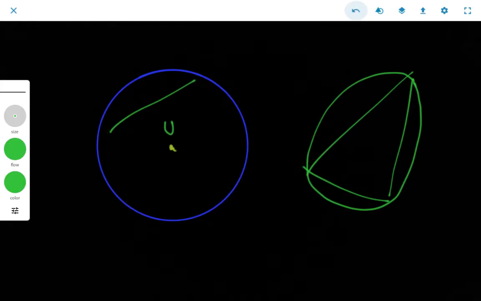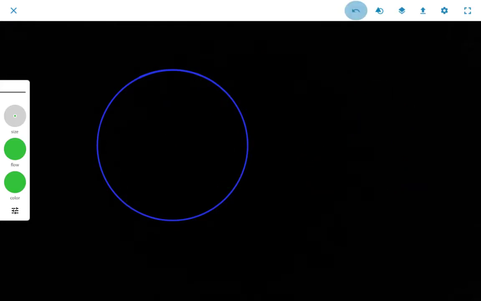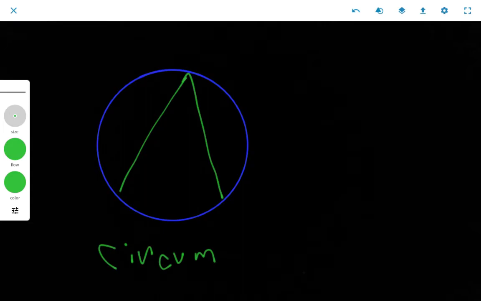Now this is a very important concept, I should tell you. Listen to this very carefully. If I say a circle is circumscribing something, this is circum. If I say anything is circumscribing anything, it means the thing is inside the circle.